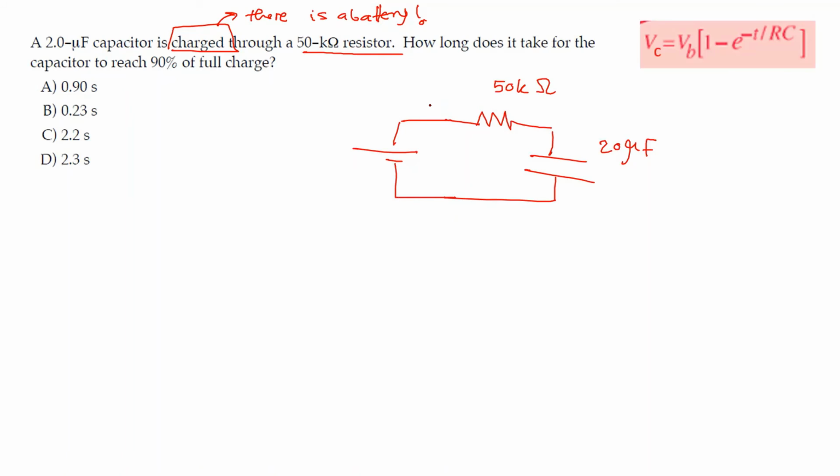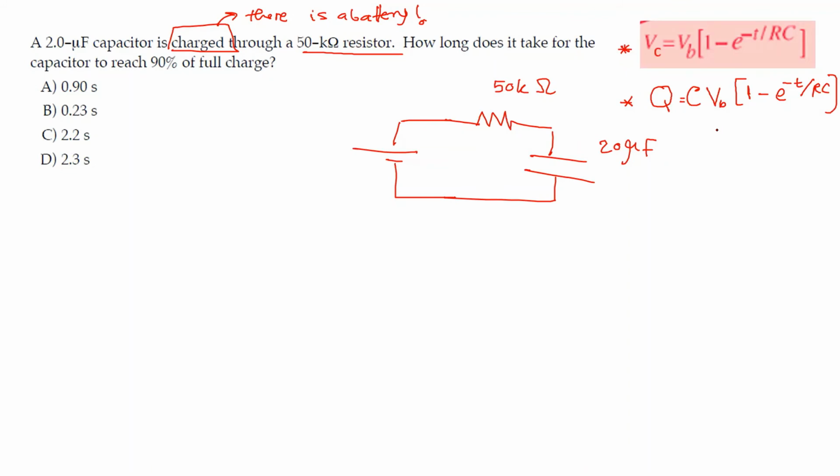90% of full charge. Okay. So you can use both the equations, this and this one. If you remember, the charge across the capacitor is C times VB. So you can use any of these equations.